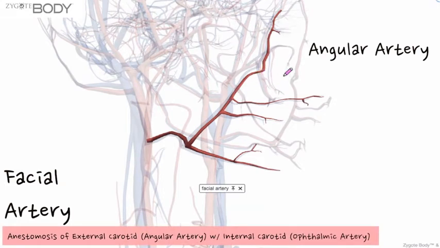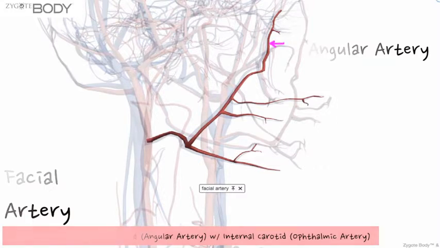The angular artery is going to anastomose with a branch of the internal carotid called the ophthalmic artery, and this anastomosis in the angle of the eye is what gives us the connection between the internal carotid and the external carotid.